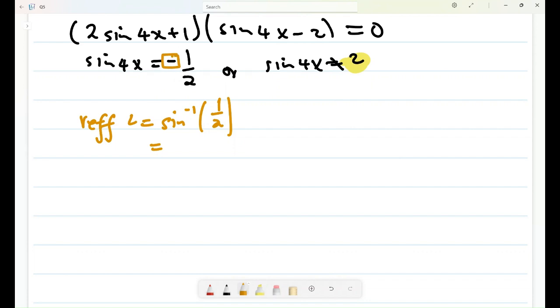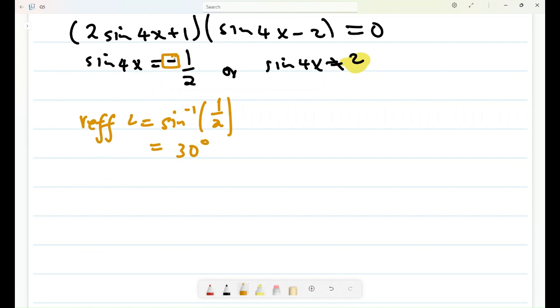Now, sine half, it is how much? 30 degrees, okay? The arcsine, which is the inverse, you just say shift sine of 0.5, which is 30 degrees.